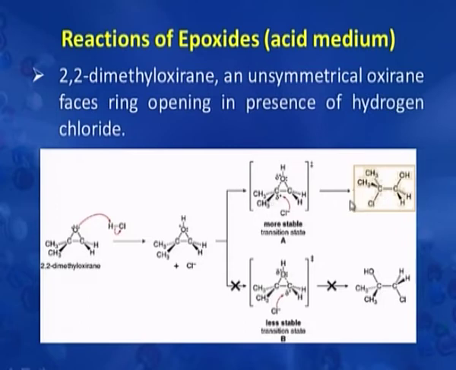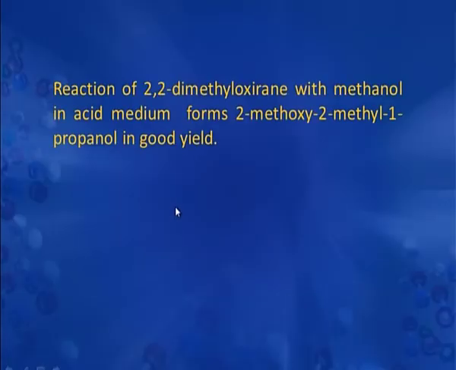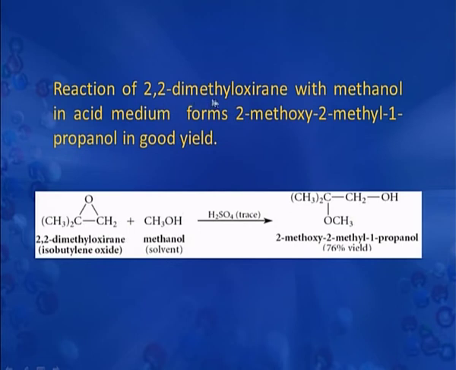And the next step obviously is the formation of the addition product. Now we will discuss with the help of an example almost the same reaction, in which 2,2-dimethyl oxirane is reacted with methanol in acidic medium, and the product formed is 2-methoxy-2-methyl-1-propanol in a very good yield of up to 76%.